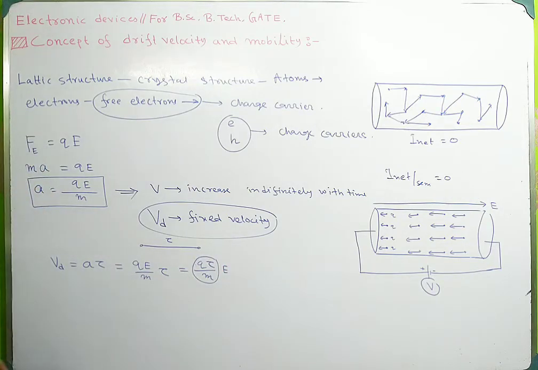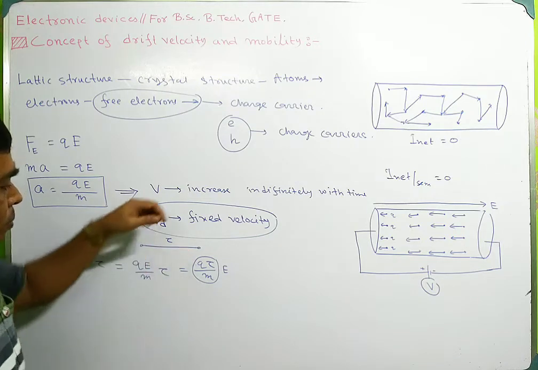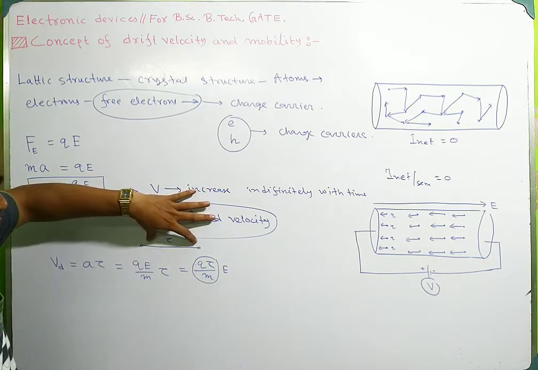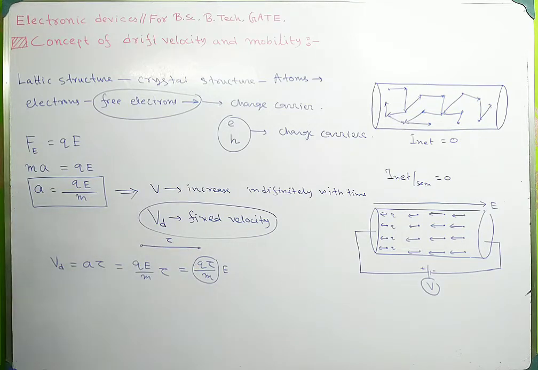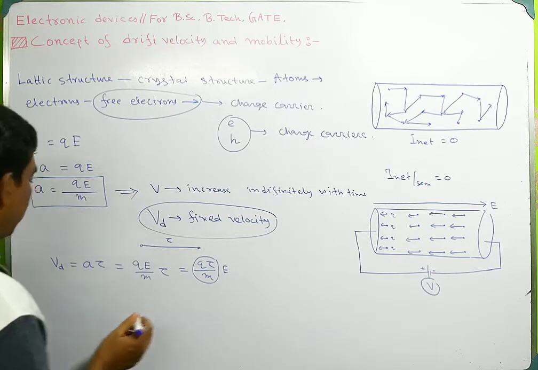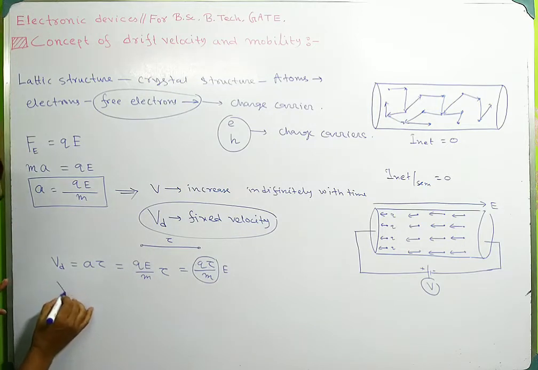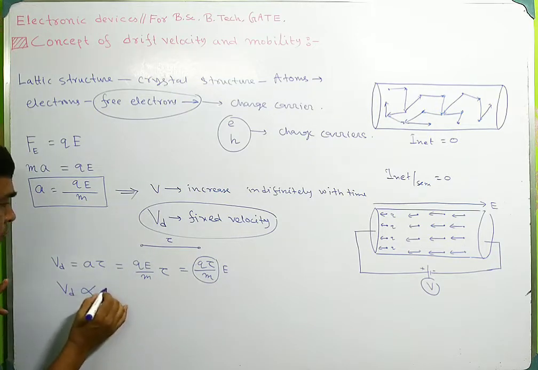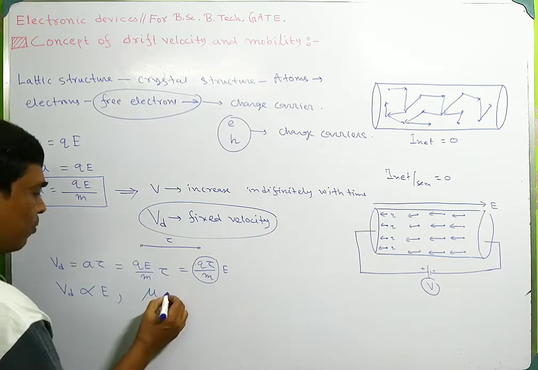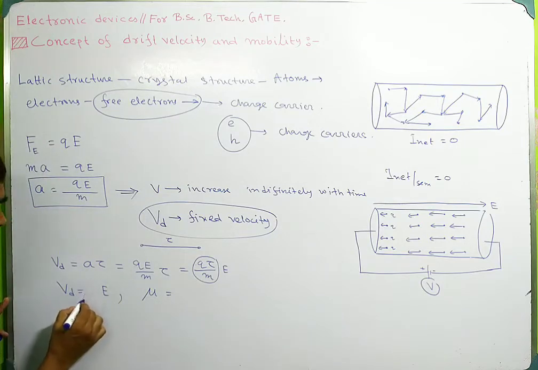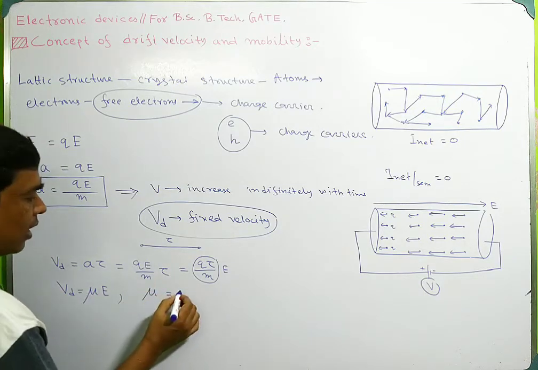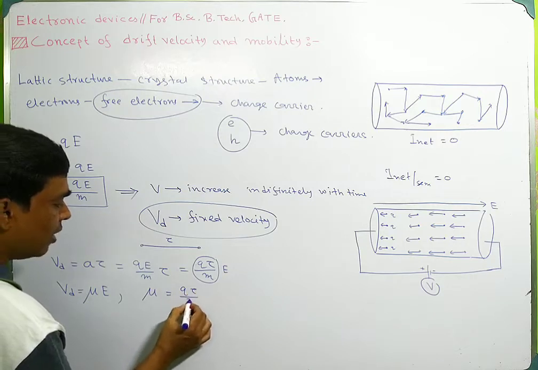Suppose for electrons, the mean free time between two collisions tau, q and m, all three terms are constant. That's why you can write that Vd is proportional to E. The constant mu can be written as Vd equals mu E. Mu can be written as q tau by m.